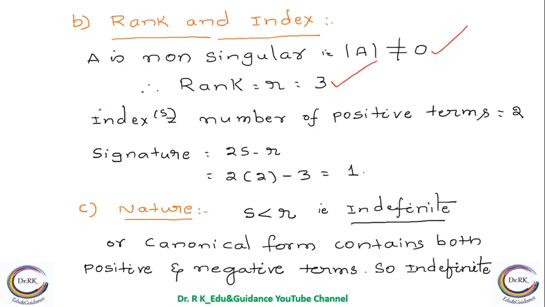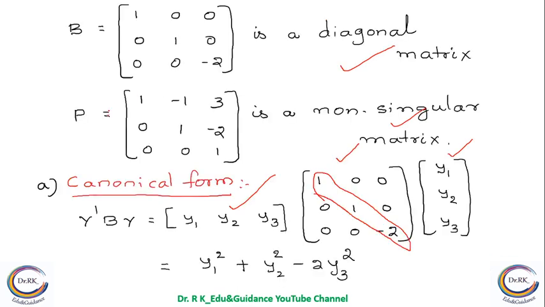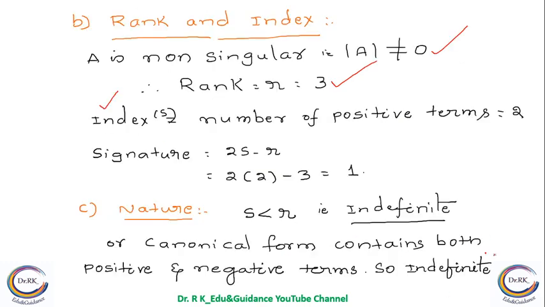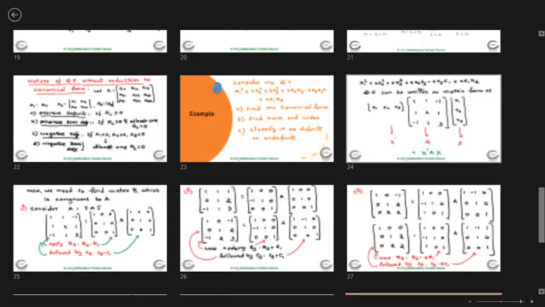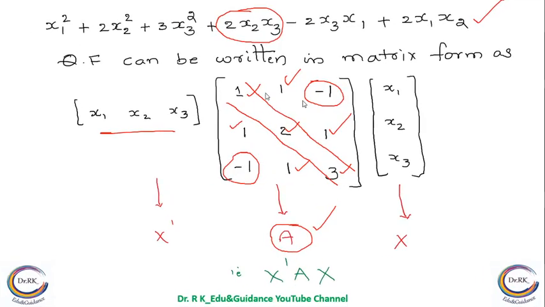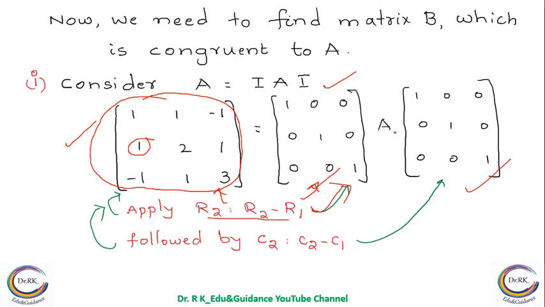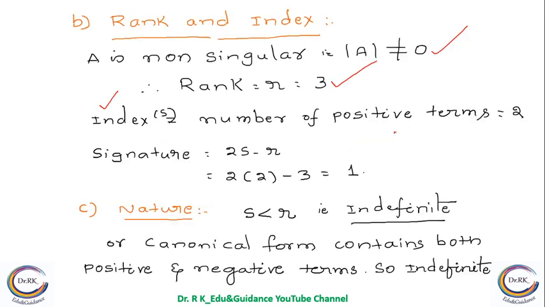Next, index is nothing but the number of positive terms. What does it mean, number of positive terms? In the canonical form, we had 2 positive terms and 1 negative term, right? So the 2 positive terms, that is what we are calling the index, which we denote by S. So the number of positive terms is 2, and the rank is 3.